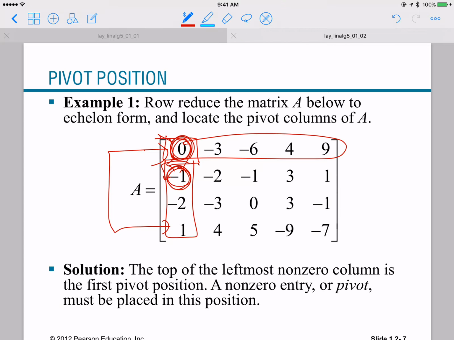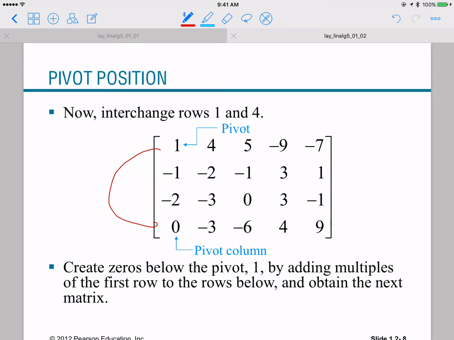We can change the first row with the fourth row, but we can also change the first row with the second or the third, because they have non-zero entries in the first position as well. But let's just pick the fourth row, and then we just switched it, and then we have non-zero here, right?